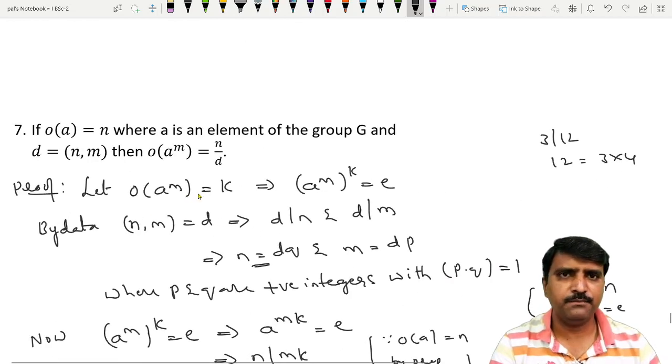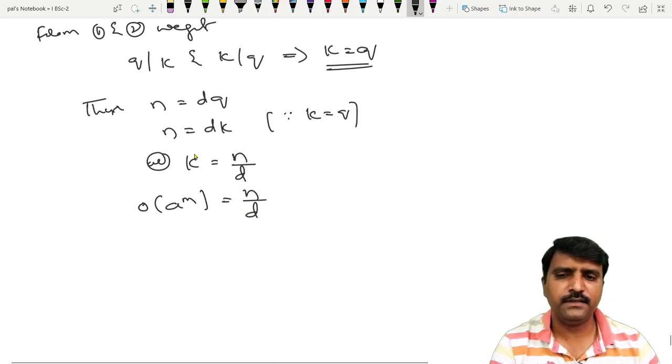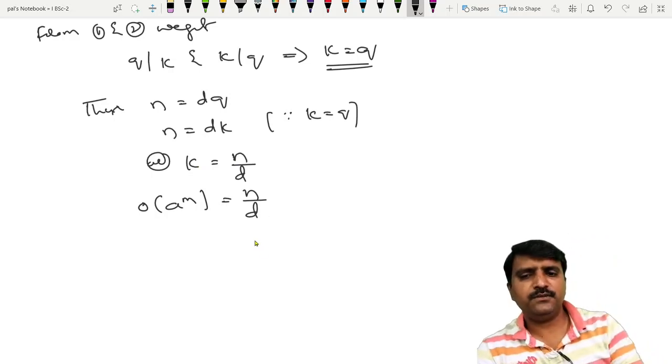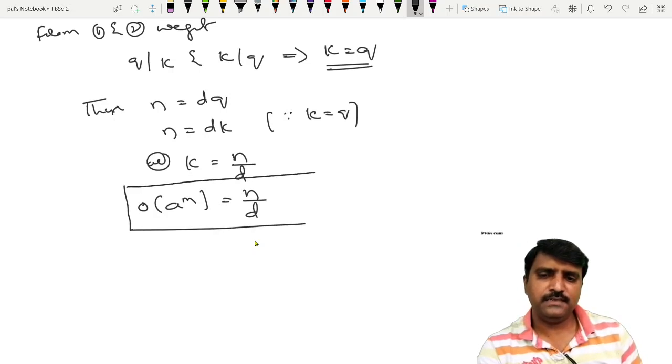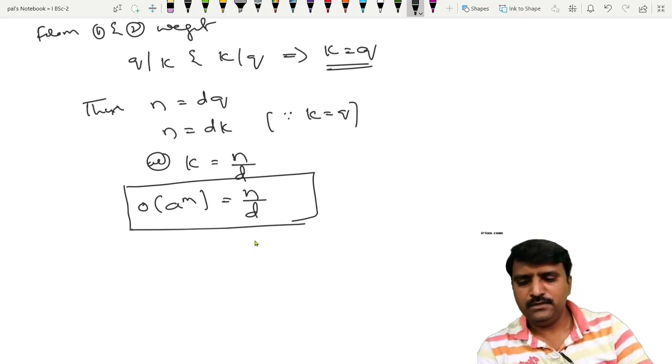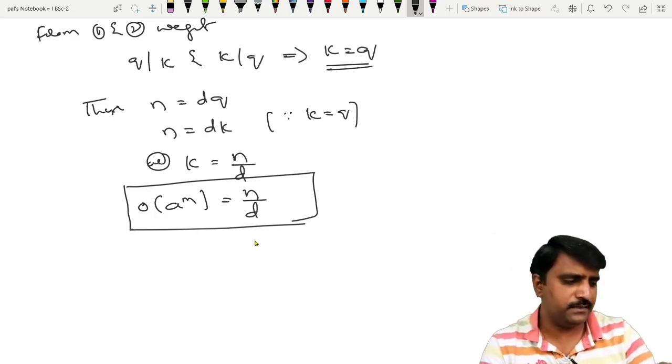So k can be written as n by d. So the order of a to the power of m is equal to n by d. Actually, that is the required result. We needed to prove that the order of a to the power of m is n divided by d.